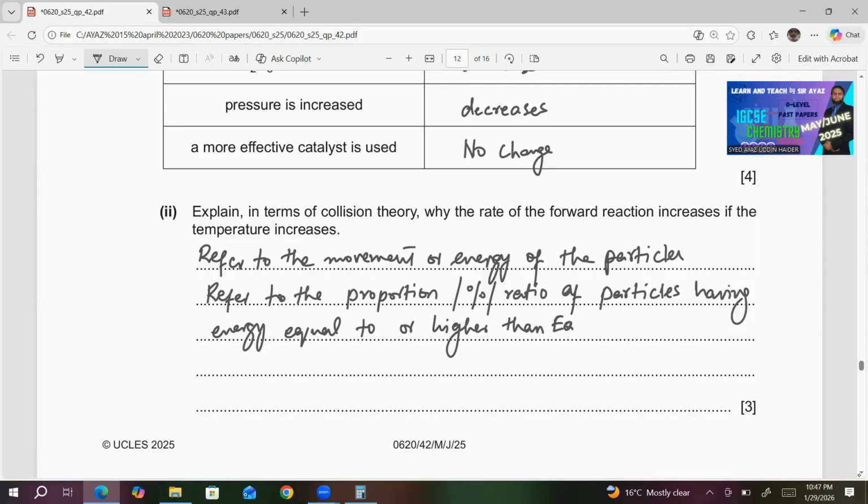Which means in this case, what you're going to write? You will write higher proportion or higher ratio of particles have energy equal to or higher than EA. Last but not least, frequency of collision. Refer to the frequency of collision. We have more successful collision or frequency of collision increases.